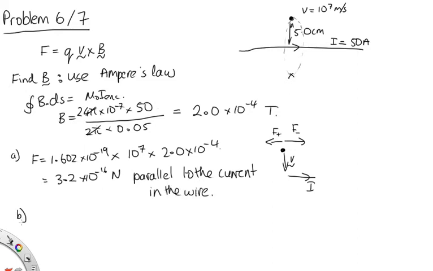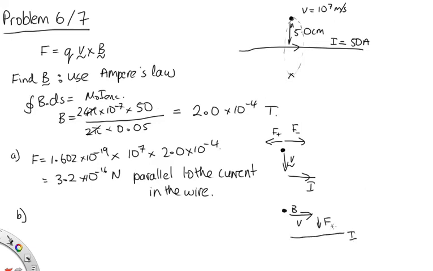Now in part B, we've got the same magnetic field as it's set up by this wire, so our magnetic field is coming up out of the wire, but in this case our velocity is directed parallel to the wire. So let's take the velocity as parallel to the current. Here's the velocity. Then V cross B, on a positive charge it would be directed towards our wire.